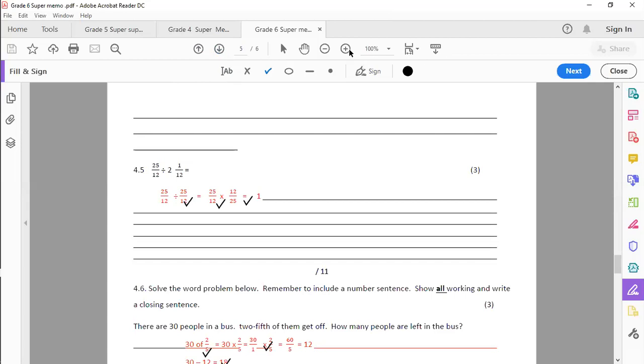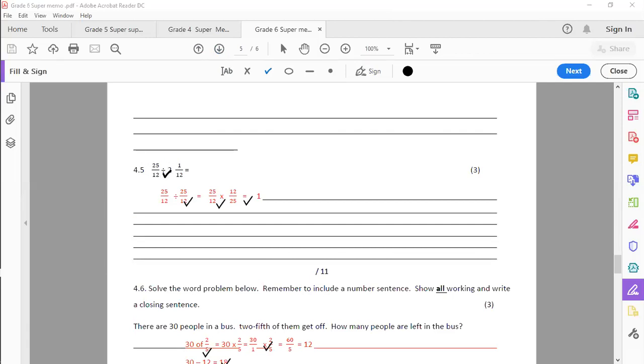Number 4.5 says 25 over 12 divided by 2 whole number 1 over 12. The best trick is to convert this into an improper fraction. I find that I have 25 over 12 divided by 25 over 12.